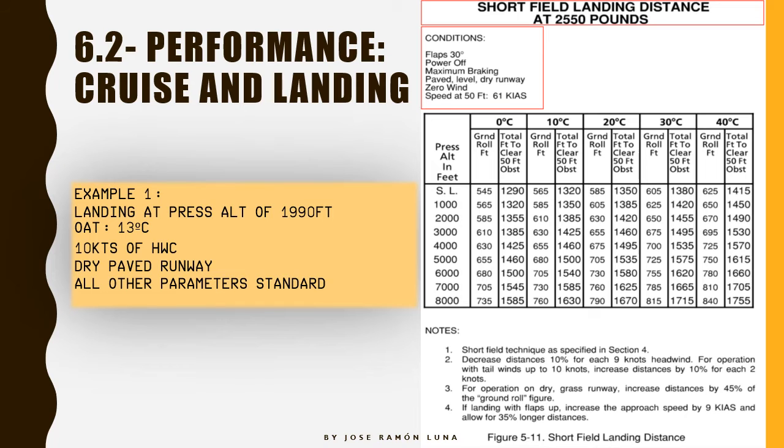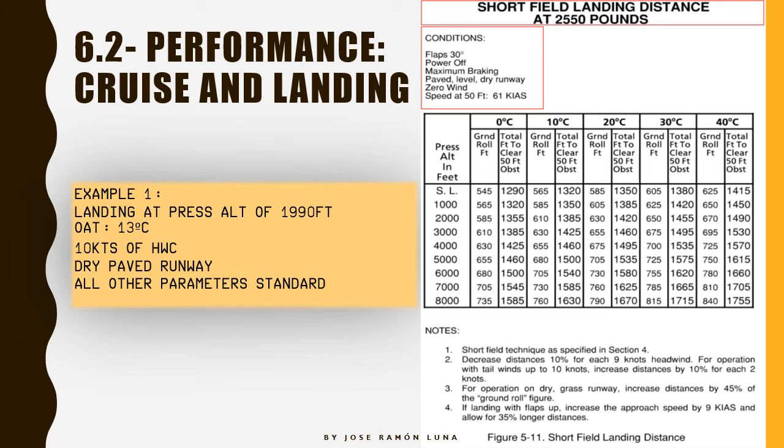For the rest, we don't really use maximum braking if it's not necessary. I mean, aircraft brakes are really expensive, so we're just going to brake softly. Paved, level, dry runway. Yes, dry, paved runway, perfect. Zero wind, okay. Yes, we have 10 knots of headwind, so that's probably going to become a change at some point.